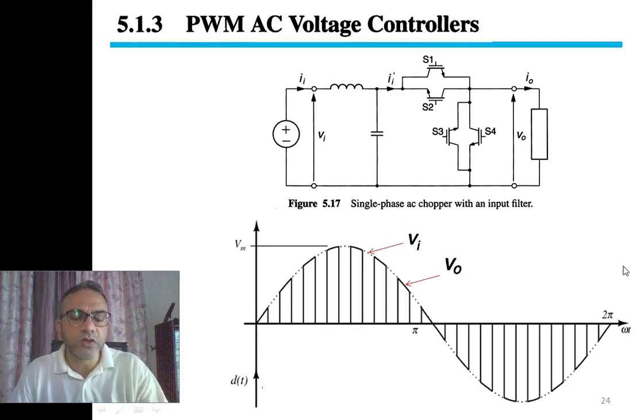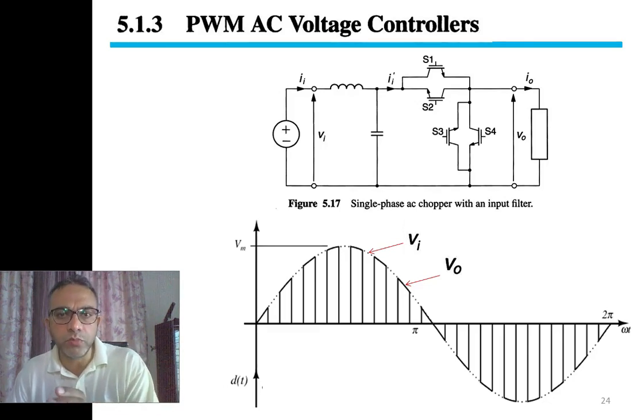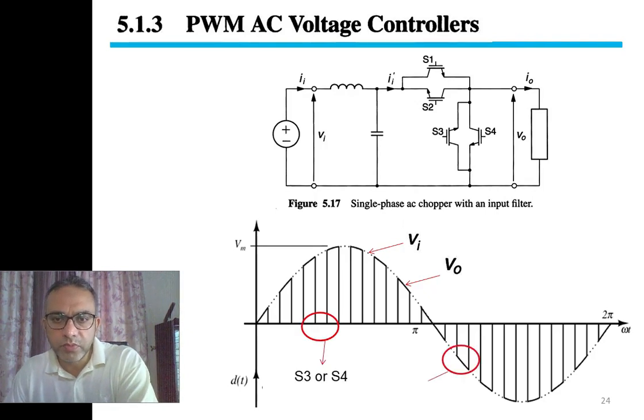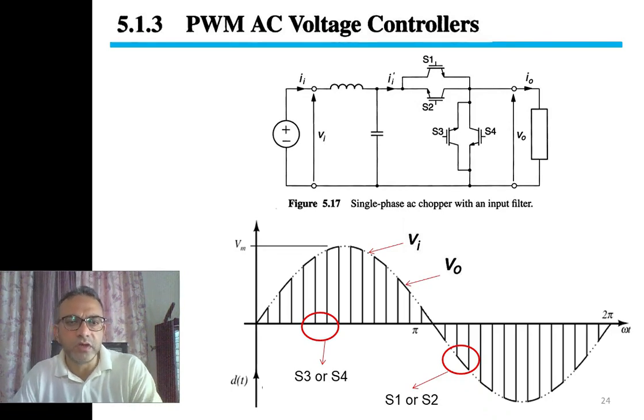What is causing the output voltage to equal V in, and what is causing the output voltage to equal 0 volt? S1 and S2. When we turn on S1 or S2, then the output voltage becomes equal to the input voltage.